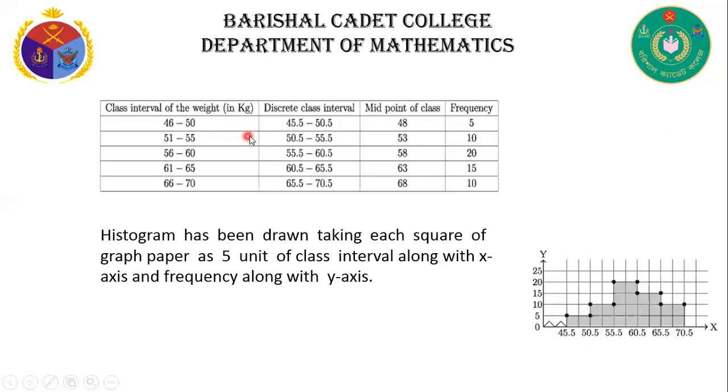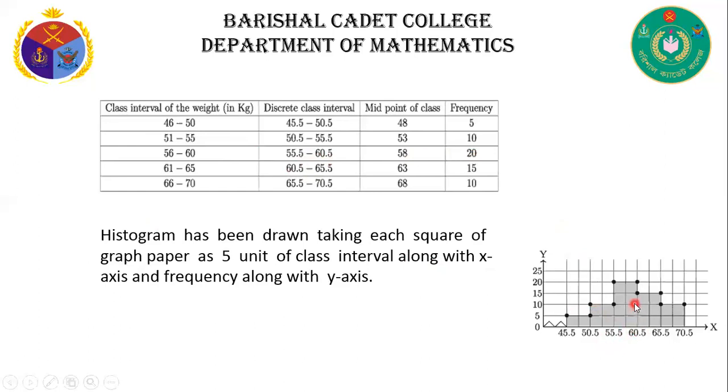Again, when the class interval is 50.5, then the frequency is 10. That's why we can write here 50.5, the frequency 10. Here 5 and 10, these two frequencies remain here at 50.5 and 50.5, that's why these two points. In the same way, we can put in 60.5, that means the frequency 20.